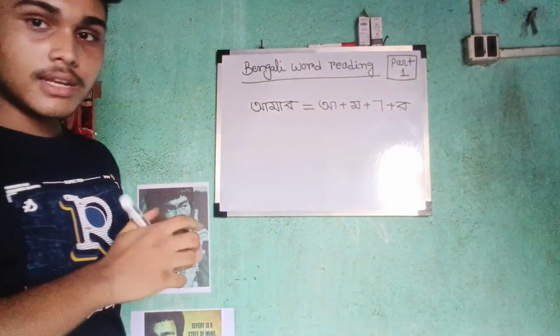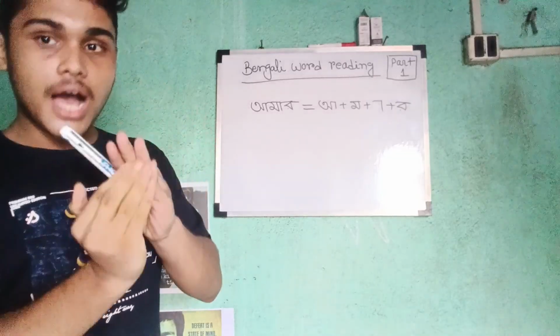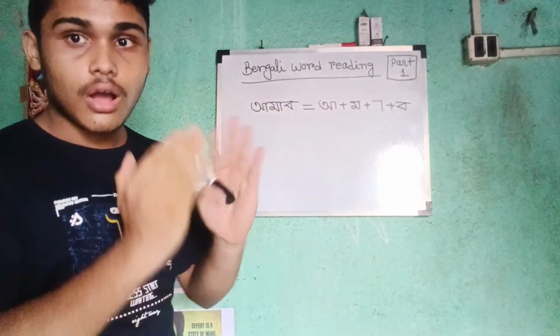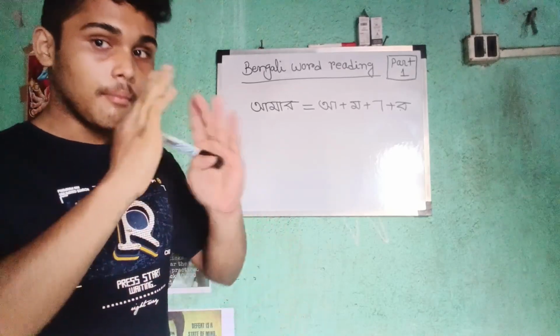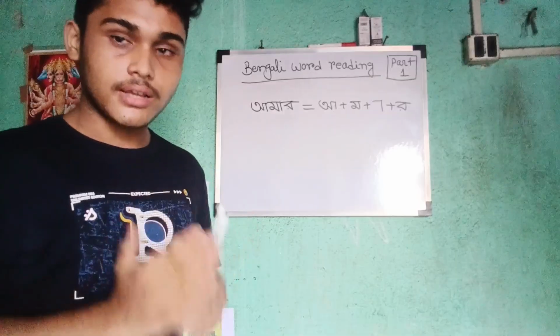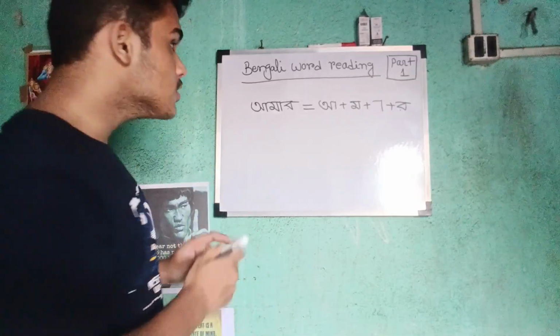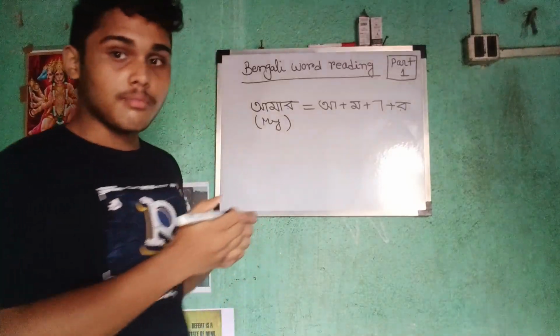Now you can pronounce it: a, mo, ma, then ra, a, ma, ra. Okay, Amar means my.